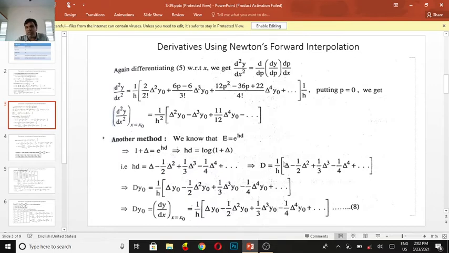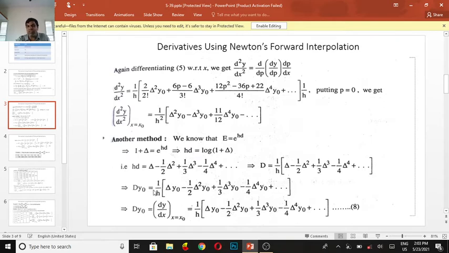So D equals 1/h (Δ − 1/2 Δ² + 1/3 Δ³ − 1/4 Δ⁴ etc). Multiplying y₀ on both sides, Dy₀ is equal to 1/h (Δy₀ − 1/2 Δ²y₀ + 1/3 Δ³y₀ − 1/4 Δ⁴y₀ + 1/5 Δ⁵y₀ etc).